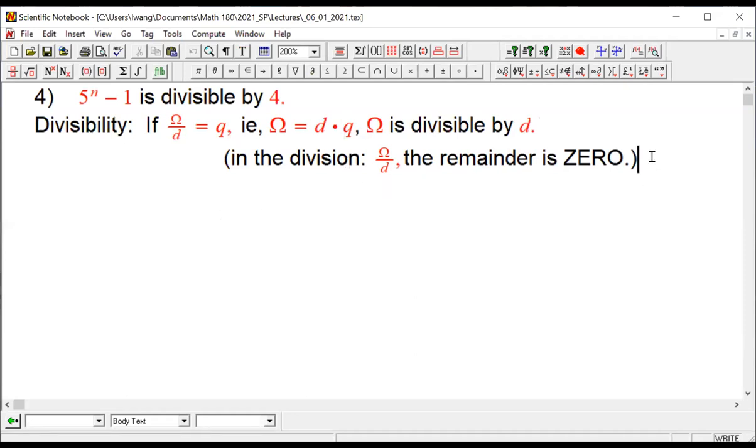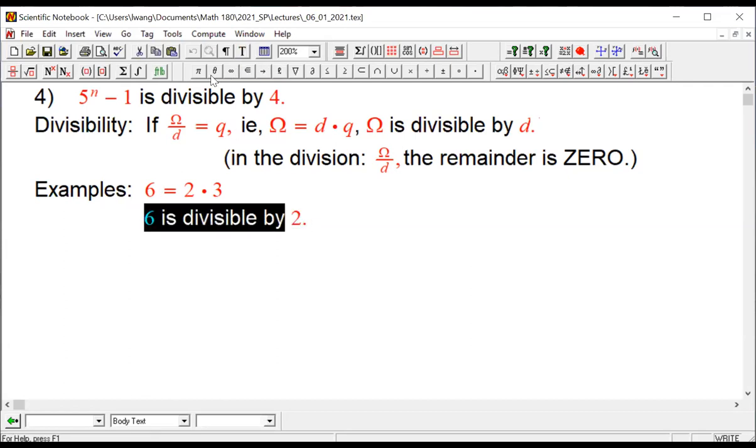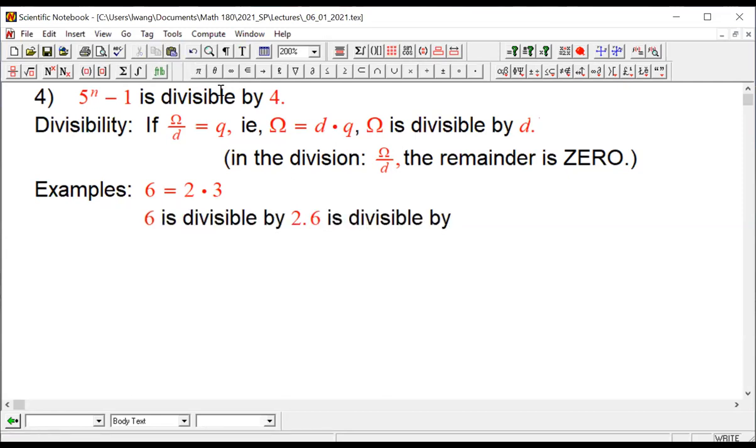For example, 6 is equal to 2 times 3, right? And what do we say? We will say 6 is divisible by 2. But you can also say 6 is divisible by what? By 3, right? And so on and so forth. Do you guys get it?